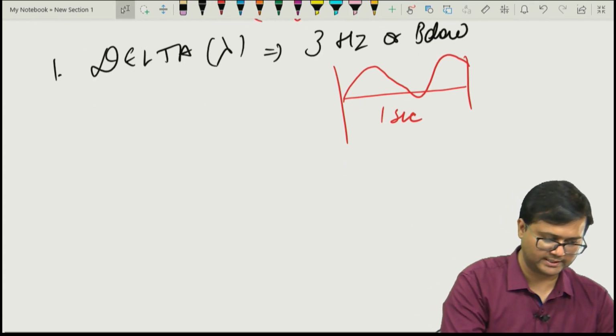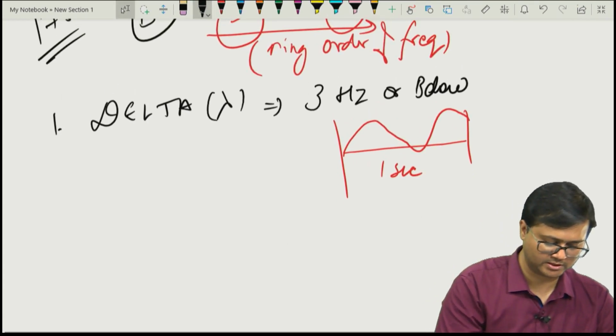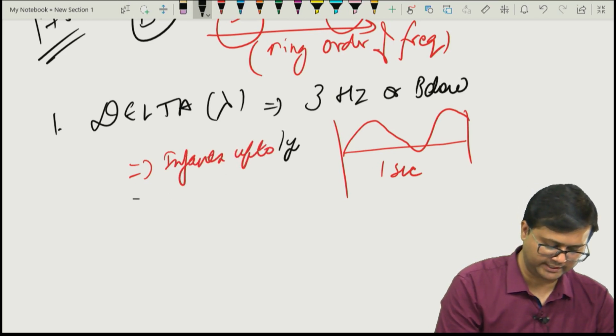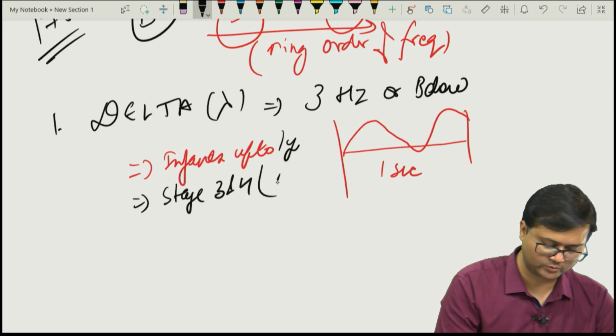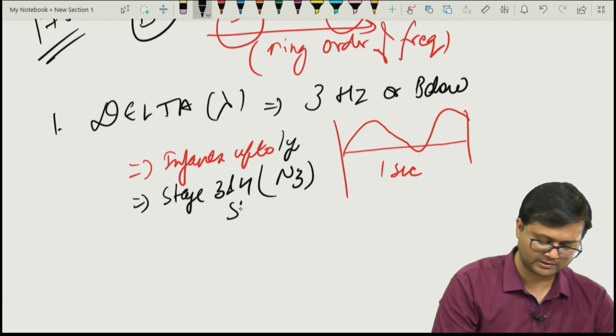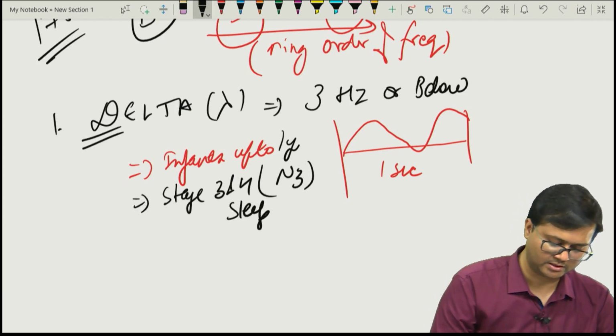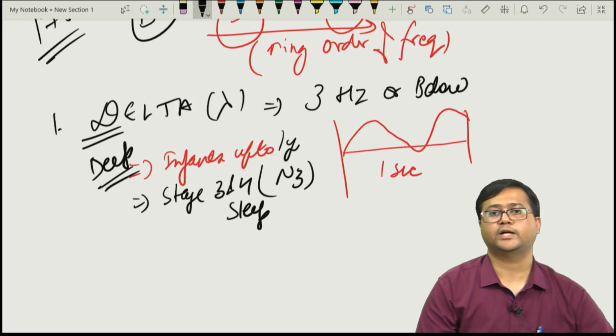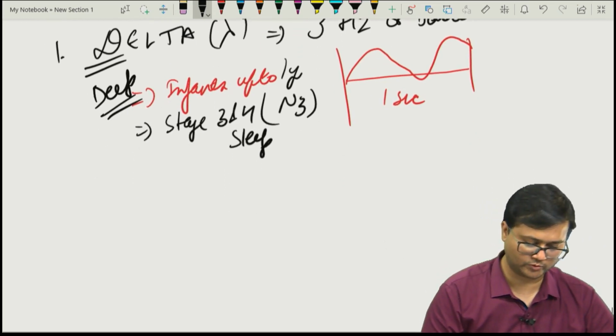Delta waves are generally seen in infants up to 1 year and in stage 3 and 4, now known as N3 stage of sleep. Very important. D means deep sleep, so delta waves are seen in deep sleep or slow wave sleep.